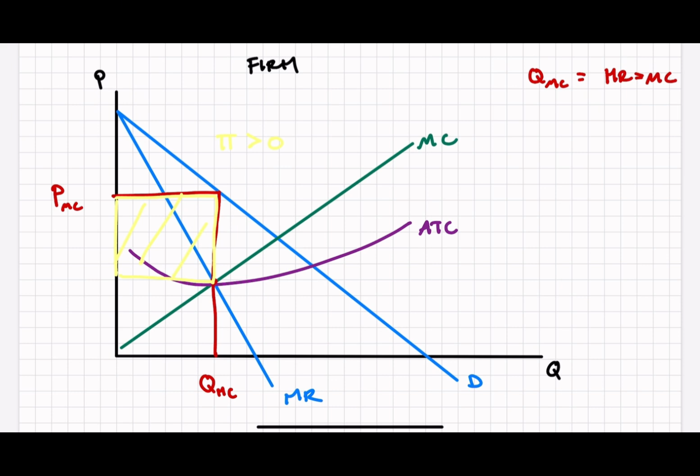If that's the case, what we'd expect to happen in perfect competition is that there's entry. We'd expect that to also happen for monopolies, but in monopoly there are barriers to entry. In perfect competition there are no barriers to entry, and in monopolistic competition there are also no barriers to entry. So when one firm is making a profit, we would expect to see entry of other firms into the market.